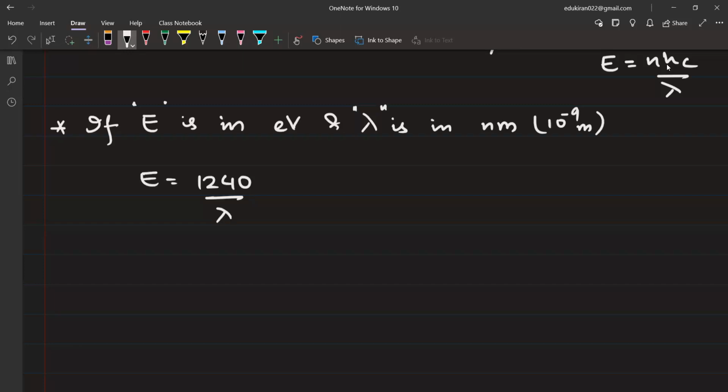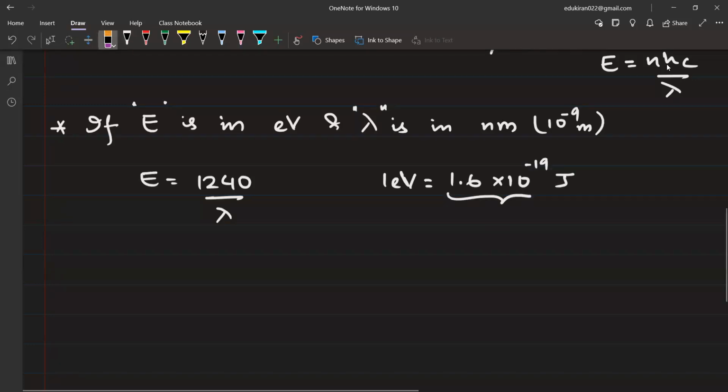And just remember, 1 electron volt is equal to 1.6 into 10 to the power minus 19 joules. This value is the same as the charge of an electron. It is the energy of 1 electron placed in a potential of 1 volt.